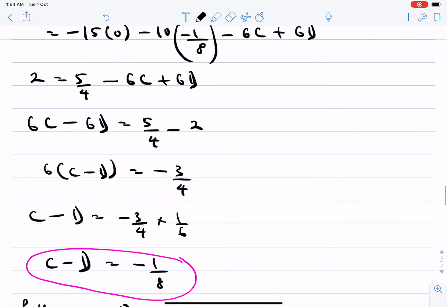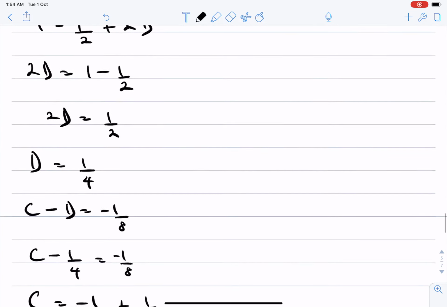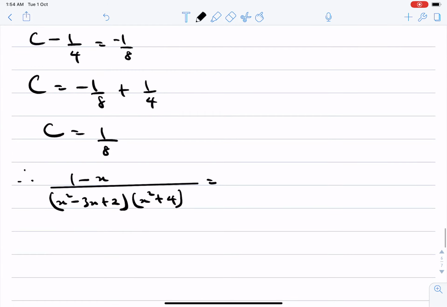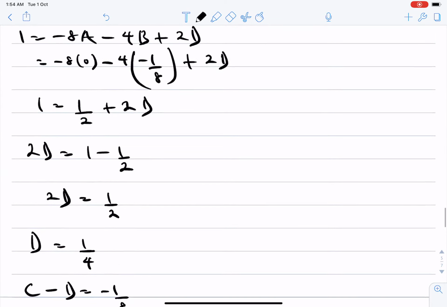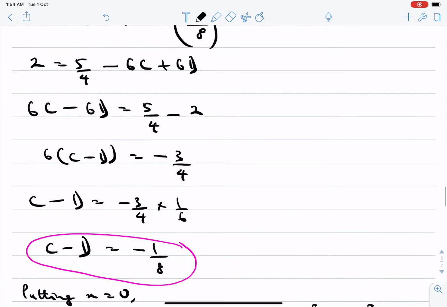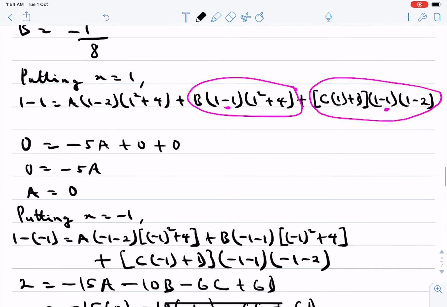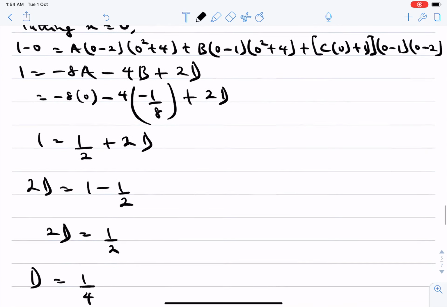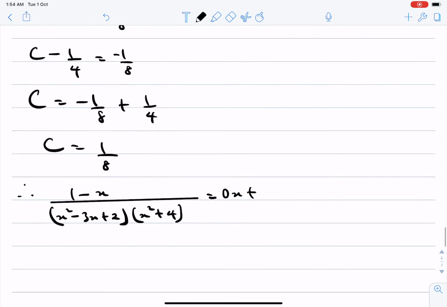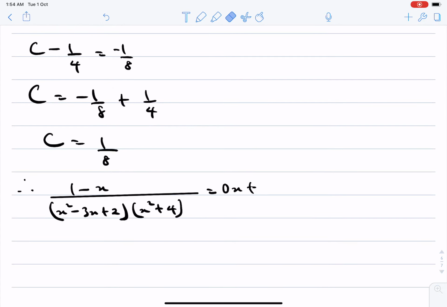A is 0, so that means 0x plus b. What's b? Let's check that and be sure. B is minus 1 over 8. That's 0x plus minus 1 over 8, which is simply minus 1 over 8.